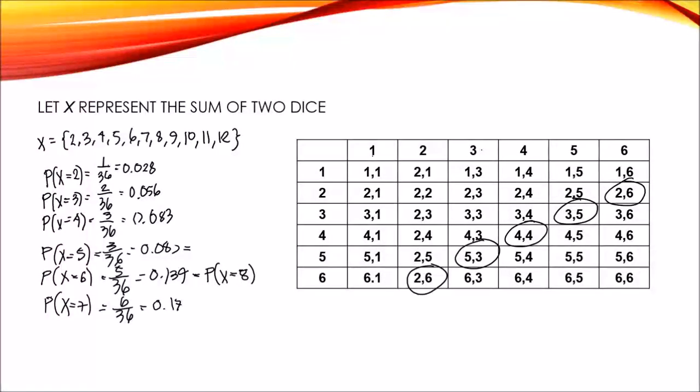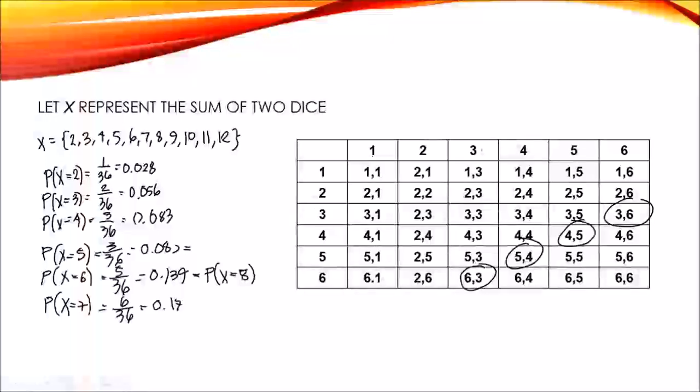Then when the sum is equal to 9, that is 6, 3, 5, 4, 4, 5, and 3, 6. There are 4 possible values.